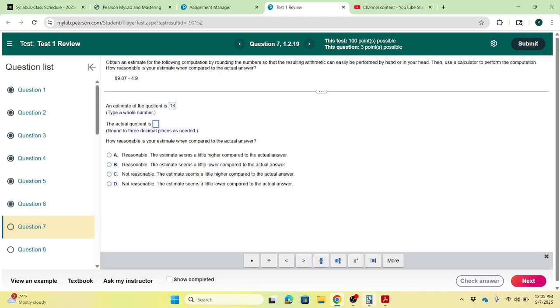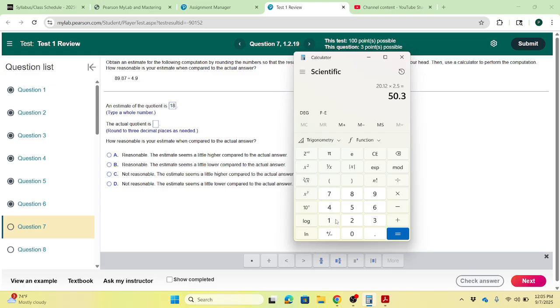Actual division can be performed using the calculator. So 89.87 divided by 4.9, and that's 18.34.